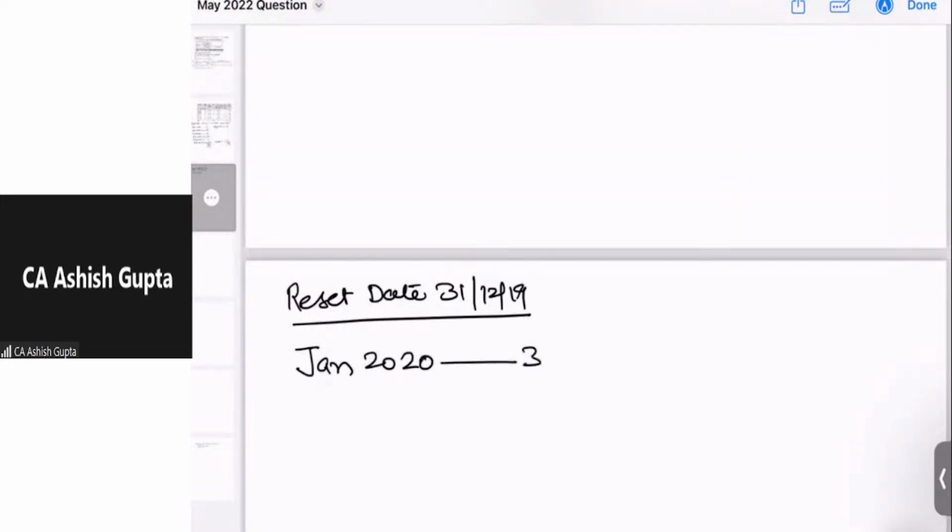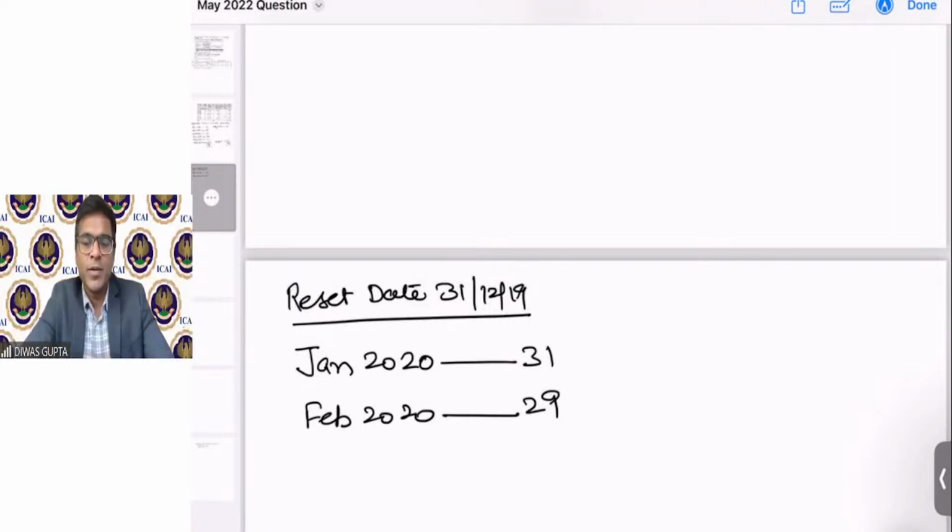The number of days will be 31. February, the days will be, now here a point to be noted, 29 because 2020 is a leap year. Am I correct? Yes, sir. Absolutely.